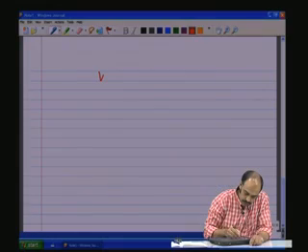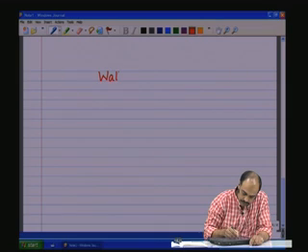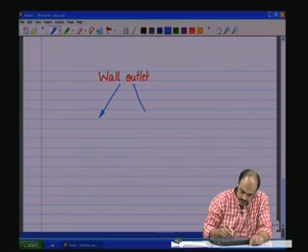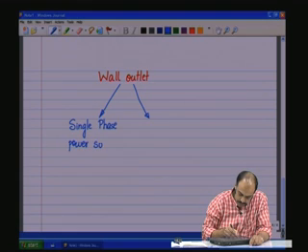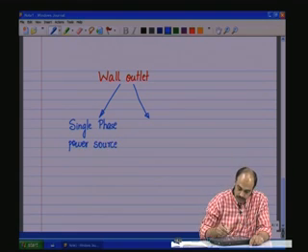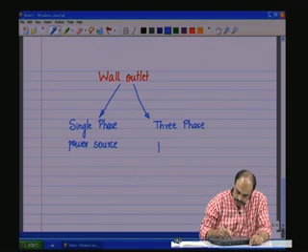So, wall outlets also can be categorized as a single phase power source or a 3-phase power source.